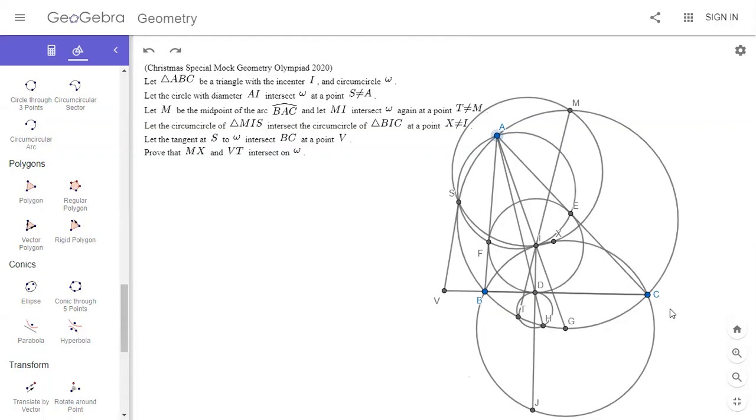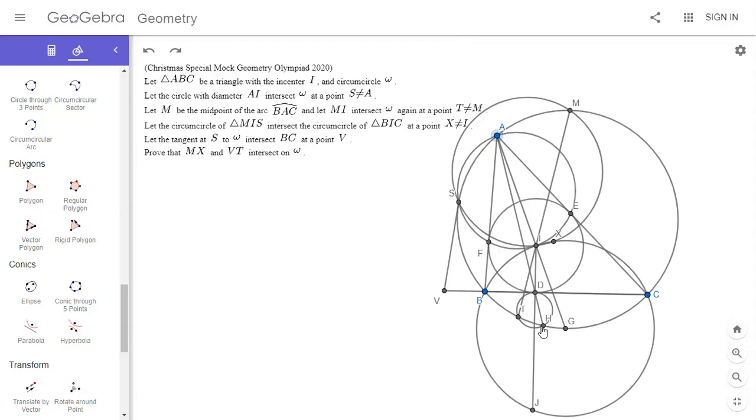Maybe that might help. So this V, yeah, if we can show that, then that would show that TH and V are collinear. So can we show the circumcircle of TDH is tangent to BC?